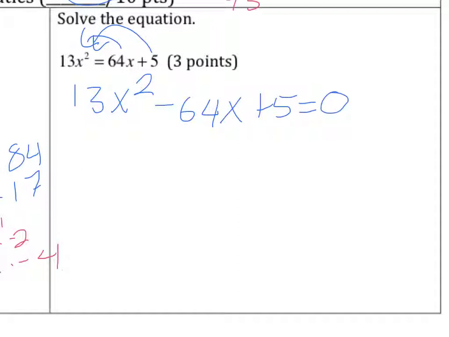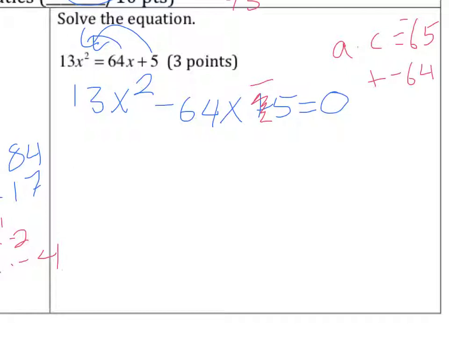Okay, I'm going to look for two numbers that multiply to get, okay, 13 times 5 is 65, and add up to negative 64. Oh, I'm sorry, this should be negative 5. So negative 65 that add to negative 64.